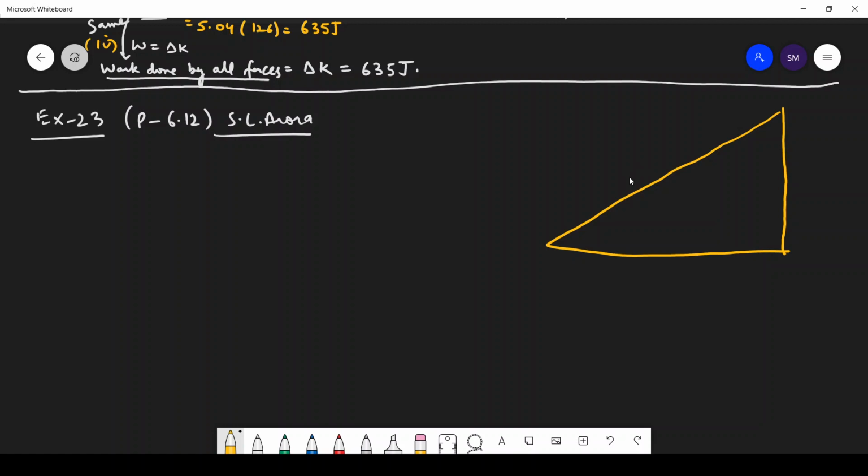So I have a body of mass 0.3 kg, and I have taken it from here to the top, and this height is given to us, this 5 meters.